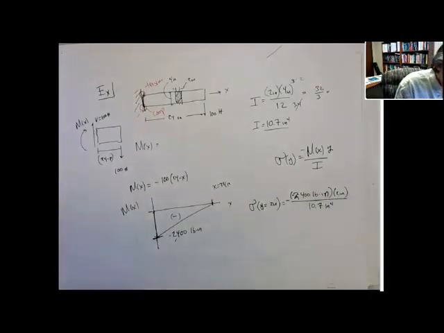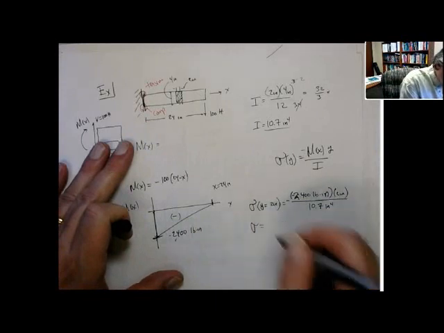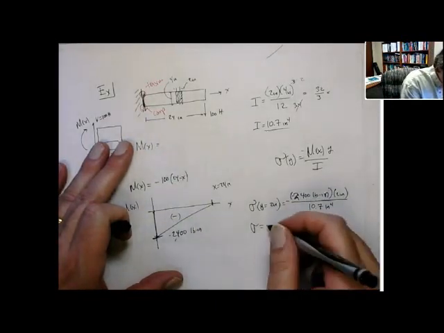So the negatives cancel out, and I'm left with 2,400 times 2 over 10.75, which gives me a stress there equal to 448 psi.